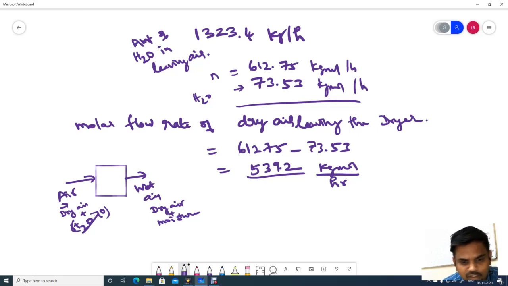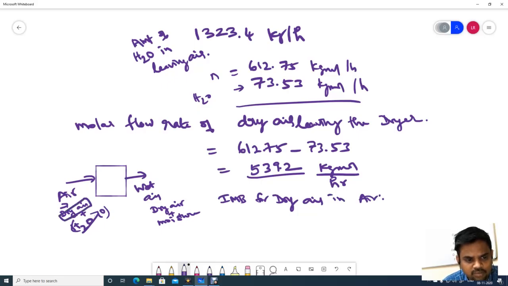The point I am trying to convey is that in the individual material balance for dry air, whatever amount of dry air enters the system will be the same amount leaving the system. So what we have calculated is that 539.2 kgmoles per hour of dry air is leaving the system.